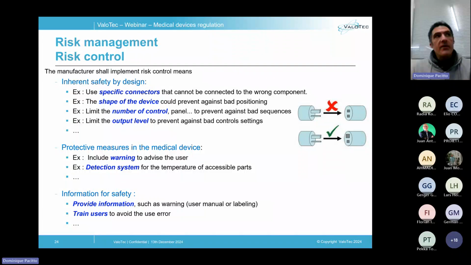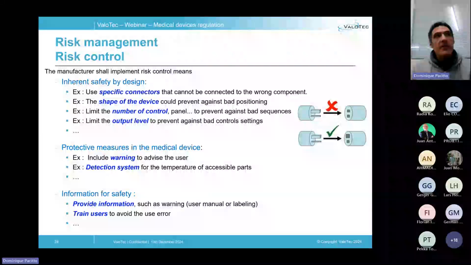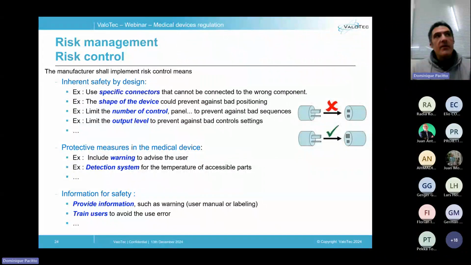risk control means. Inherent safety by design is performed using measures such as specific connectors that cannot be connected in the wrong way, for example, designing the shape of the device to prevent against bad positioning, by limiting the number of controls of the user interface to prevent against bad sequences, by limiting the output level of a signal to prevent against bad control settings.